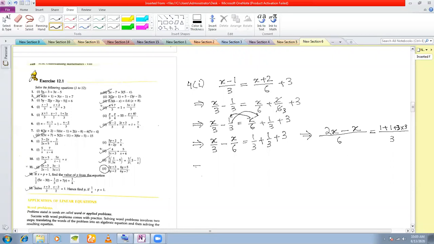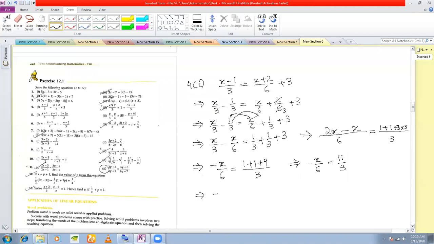Now you simplify, 2x minus x is minus x, divided by 6 is equal to 1 plus 1 plus 9 divided by 3. That means minus x by 6 is equal to 9 plus 1, 10, 11. So 11 by 3.